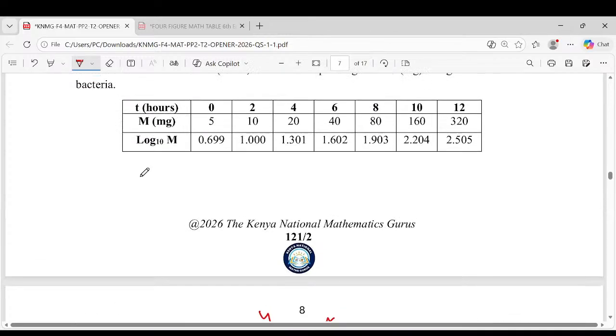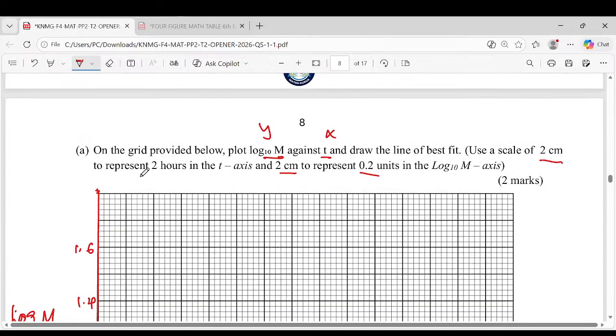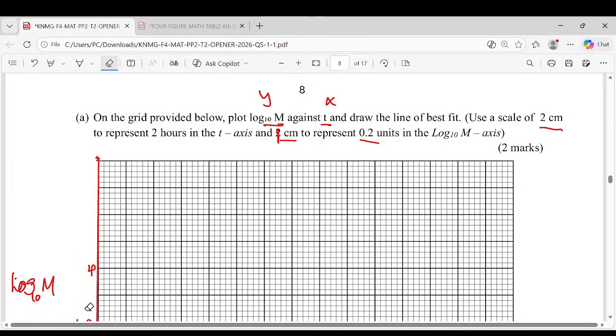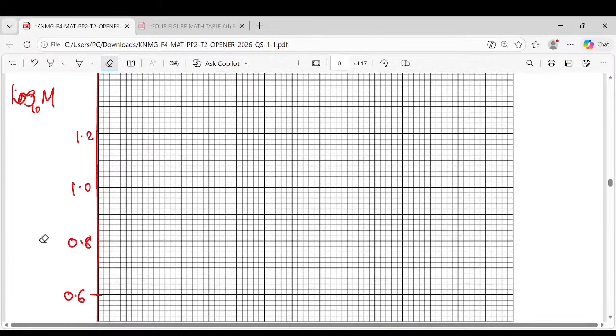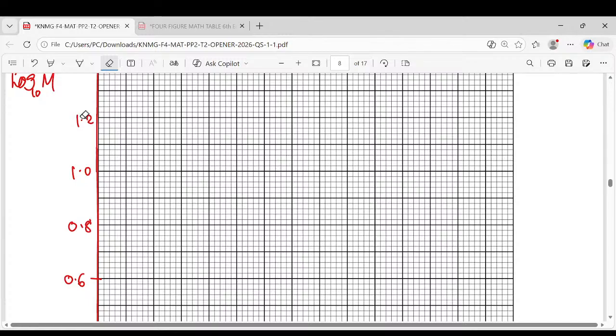This scale is not adding. The scale that could fit here is 1 centimeter for 0.2 units. That is another mistake that I've spotted, because when we try fitting into that given scale, it is not giving what we expect. That is probably a typo from their side when they were giving the conditions.